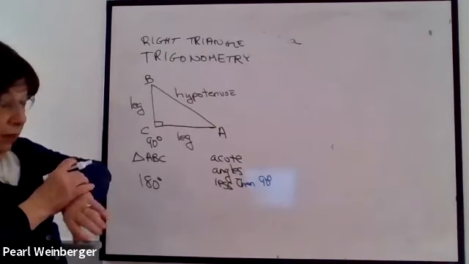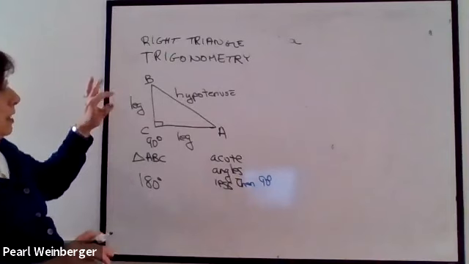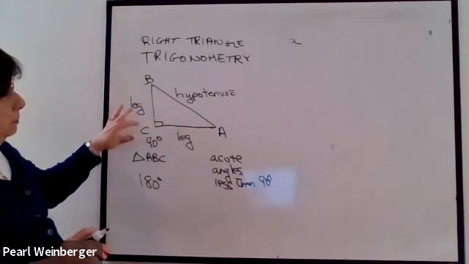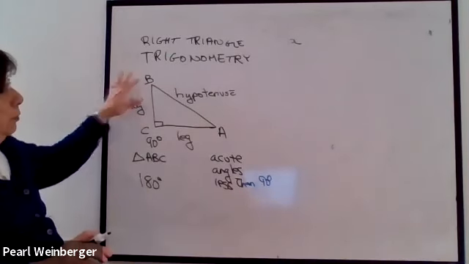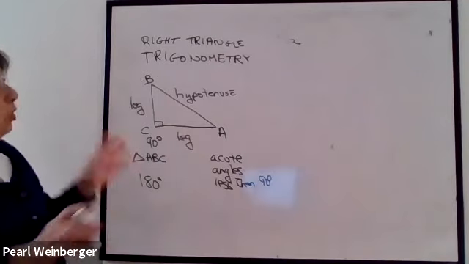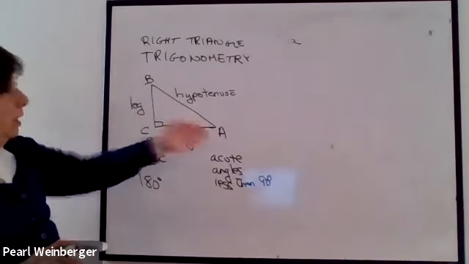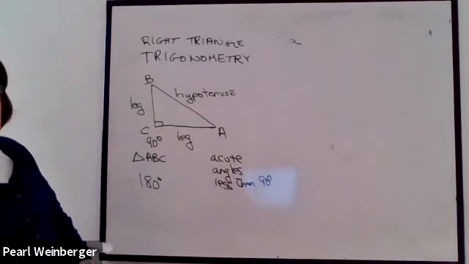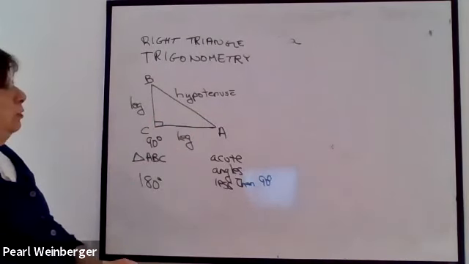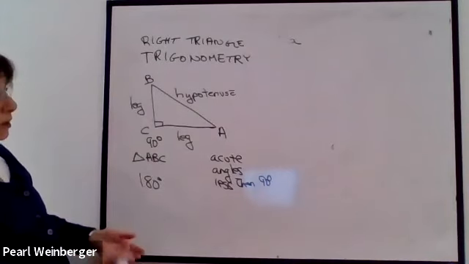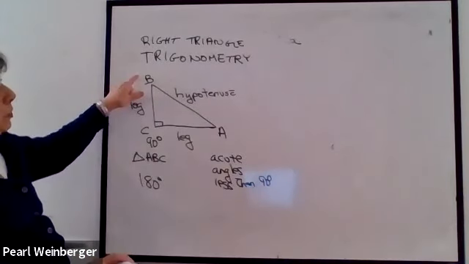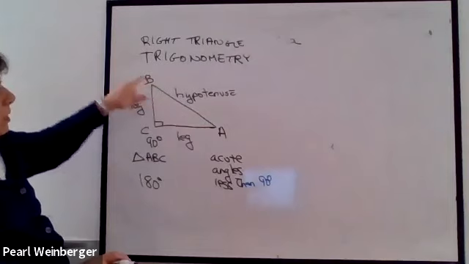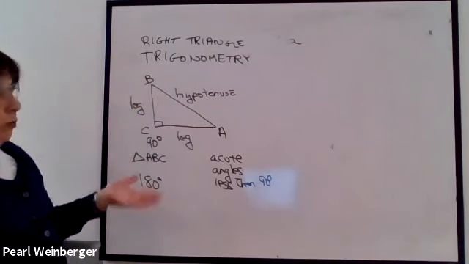Now, it turns out that if we want to look at angle A, I can tell you, look at angle A, I can tell you, look at angle C, and it's clear which angle to look at. But what if I want you to look at a side? Let's say I wanted you to look at the hypotenuse. What letters would I use?